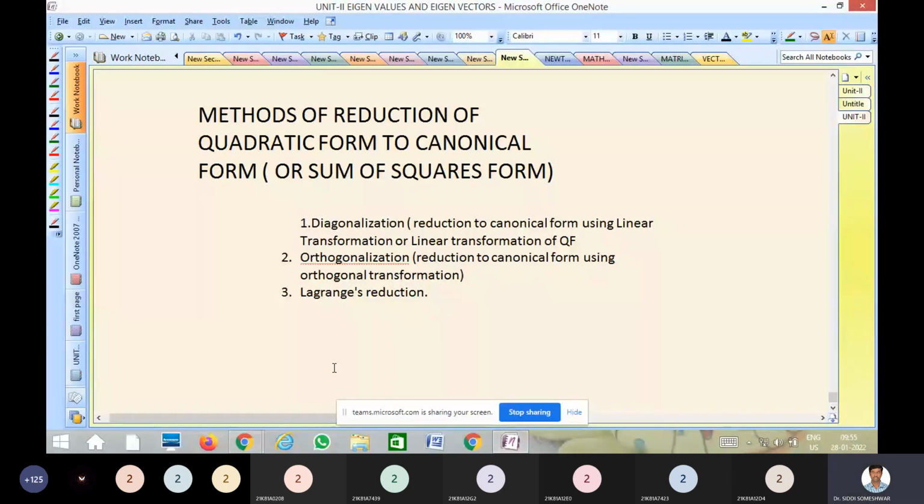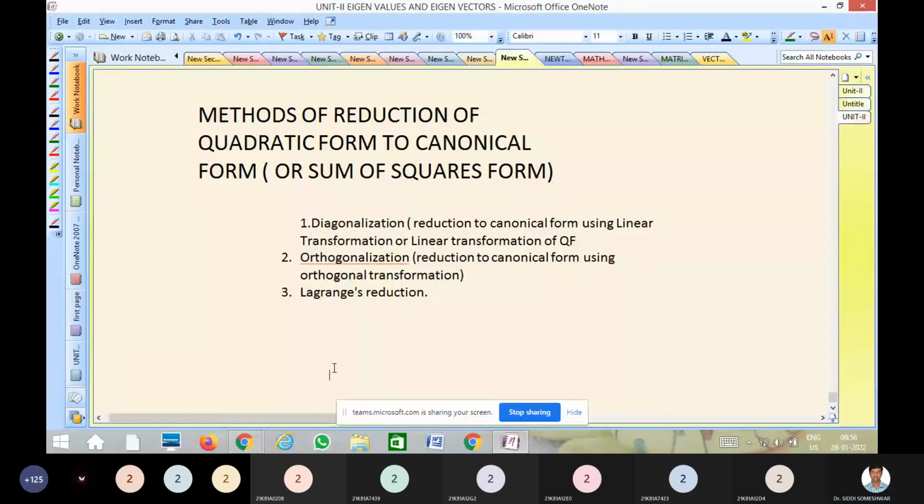So now you have three methods: one is diagonalization, second one is orthogonalization, and third one is Lagrange's reduction. Here we are going to discuss only the first and second, diagonalization and orthogonalization.